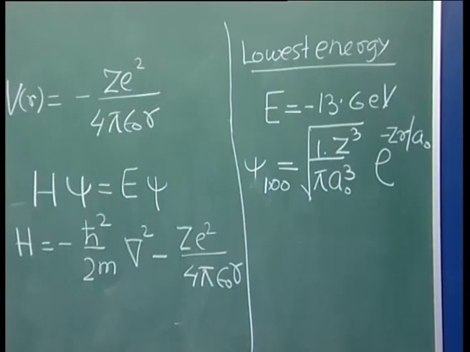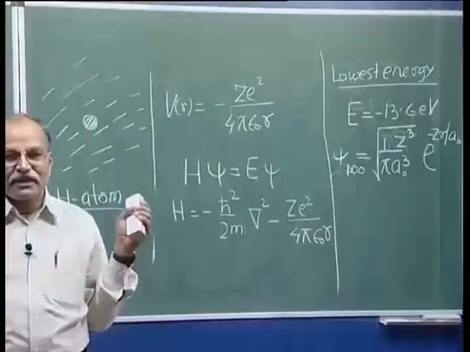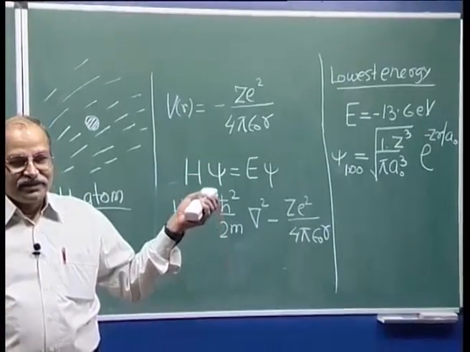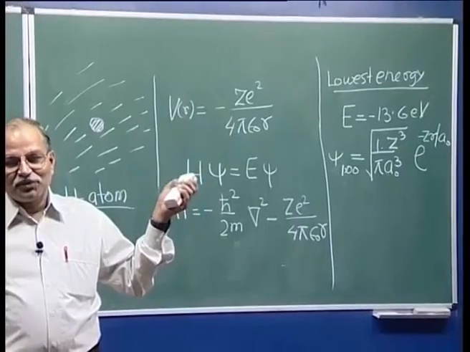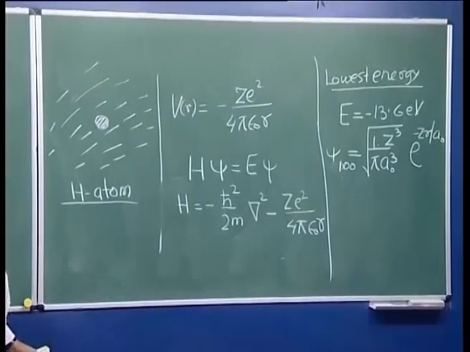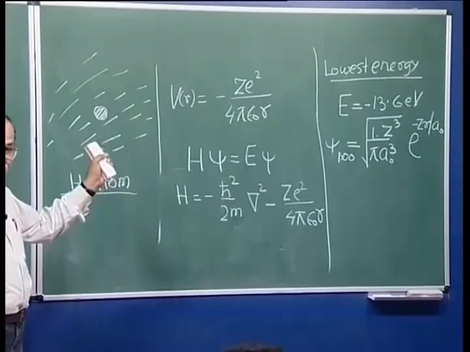What is Z? The number of protons in the nucleus. And what is this a naught? The Bohr radius. So, this is the wave function for the lowest energy.